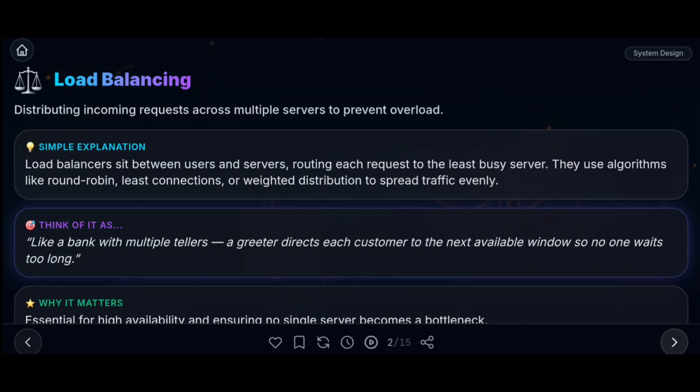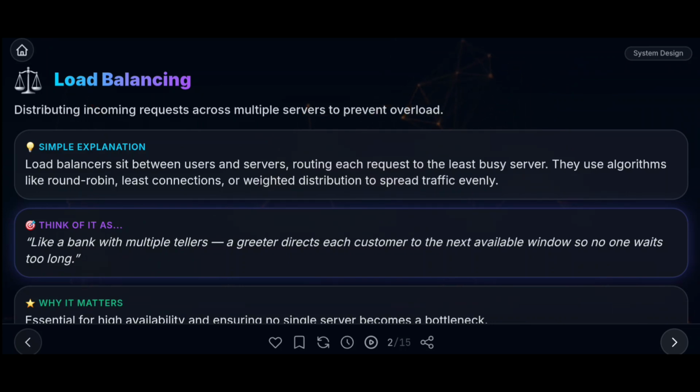It means if a system has 4 to 5 different machines, 4 to 5 different servers, then the load balancer will take the responsibility to distribute the incoming requests according to the priority or according to the algorithms designed.